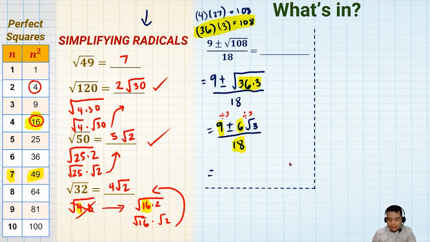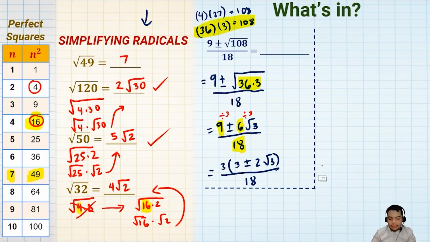So from that, we can factor out 3. So 9 divided by 3 will be equal to 3. And plus minus 6 divided by 3 is 2. Then copy square root of 3. So nagets ba? So, nag-factor out ako. So, nag-divide ako ng common number. Just to factor out that common number, ilalabas ko kasi siya. Kaya natin siya dinivide. Then, divided by 18.